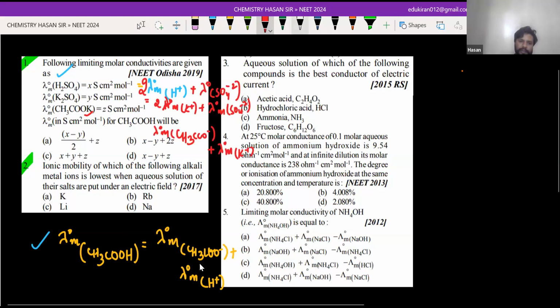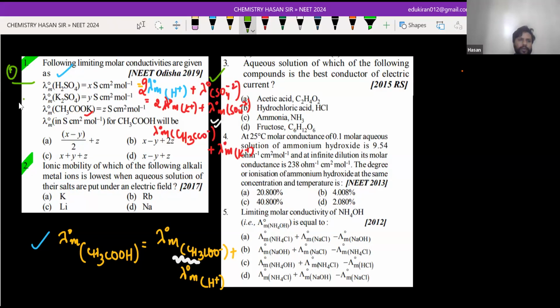So what do you need from this? You need CH3COO minus, which comes from the third equation. This is your third equation. And you need H plus, only one H plus. Let's say this is your equation 1, this is equation 2, and this is equation 3.